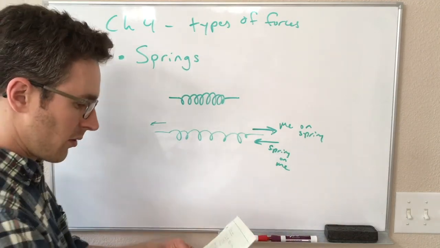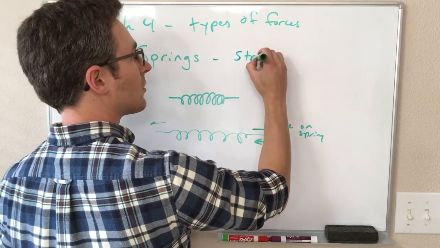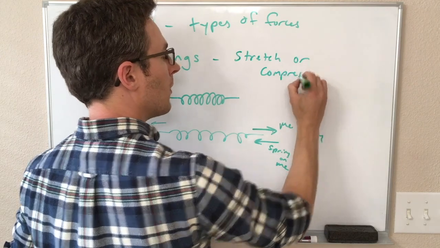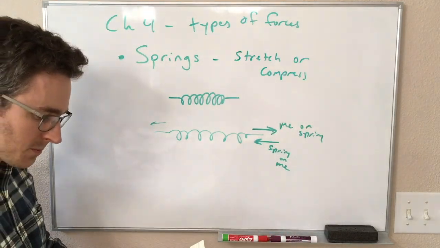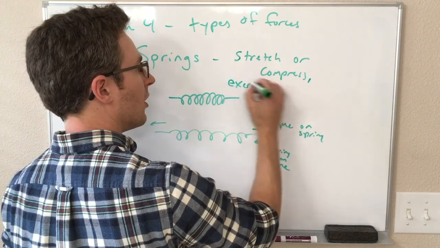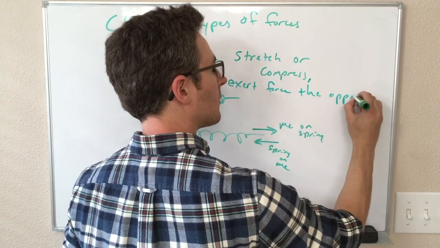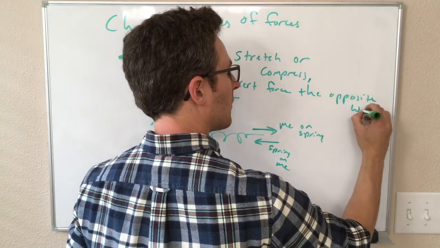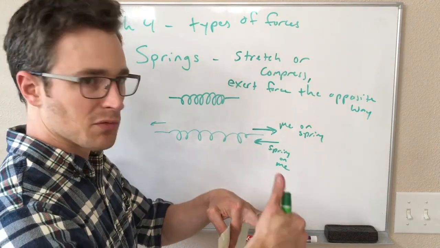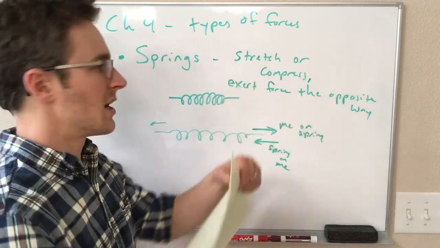So springs work both ways. We can stretch or compress them. And when we do that, they exert a force the opposite way. If you compress them, like push down on it, it pushes the force up on you. If you stretch it, it is pulling back down on you.